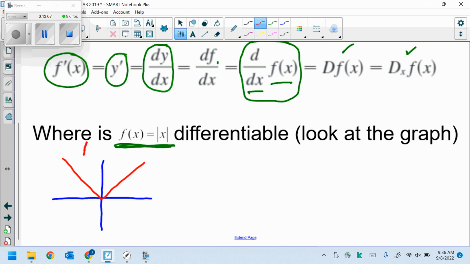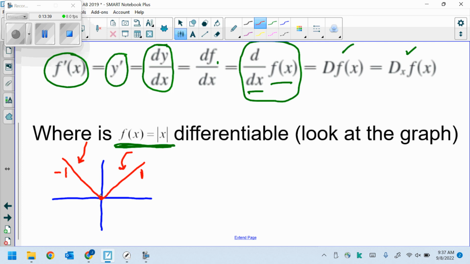Can you find the derivative here? Well, sure, that's got a definite slope to it, and I think you'd realize that the slope is -1. And I think over here you can find the slope of this guy. I think the slope of that guy is always 1. But what's the slope right here? What is the slope where this -1 meets the +1? That is a place you cannot find the derivative. It's not 0.